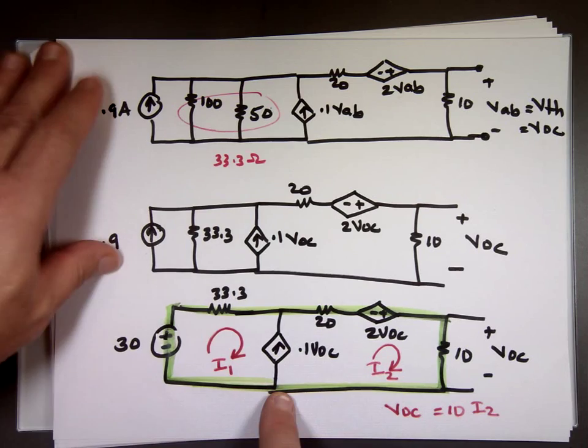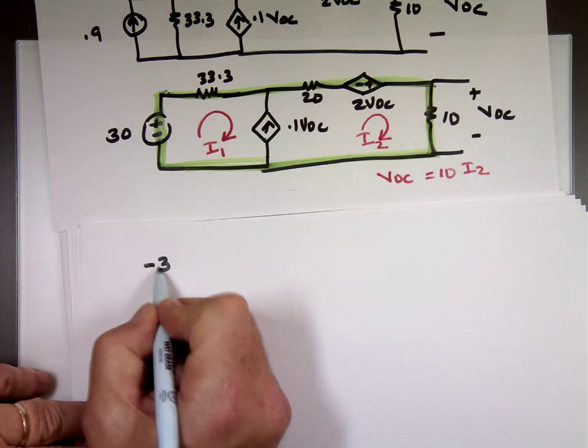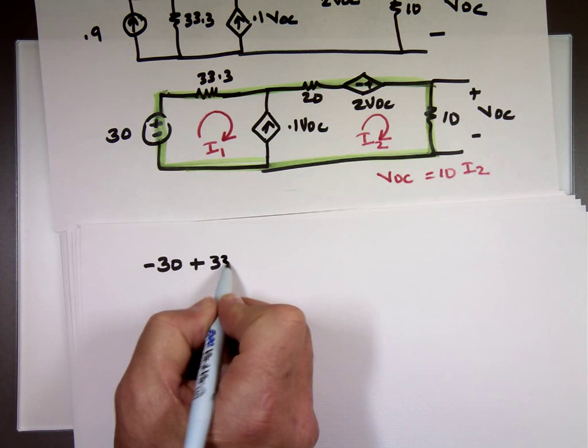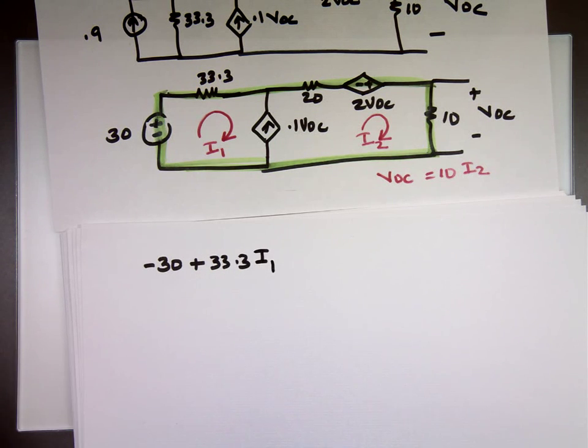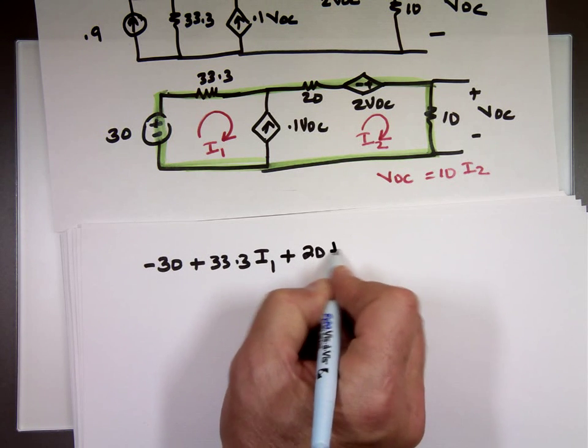Minus 30, plus what? 33.3 times what? I1, plus 20 times what? I sub 2.